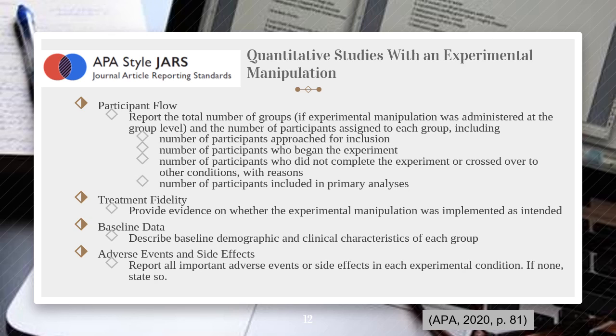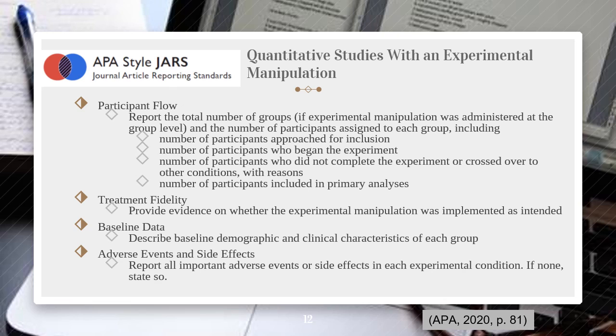So it could be simply because it was a year-long study and students switched schools or they switched classes at the semester break, but you'll provide the reasons why. And this way it will show whether or not there was differential attrition between your treatment and control and the reasons for that attrition. Finally, you'll report the number of participants who are actually included in your primary analyses.